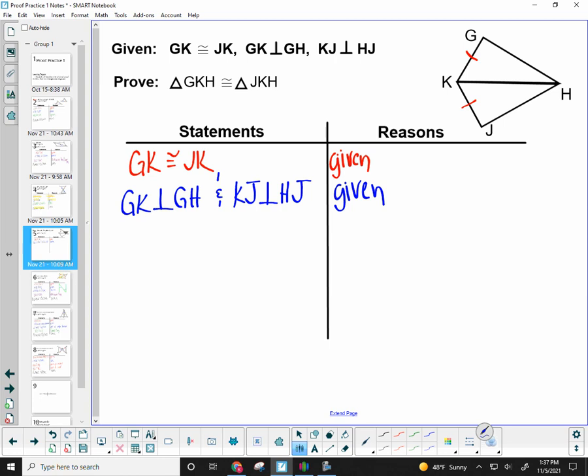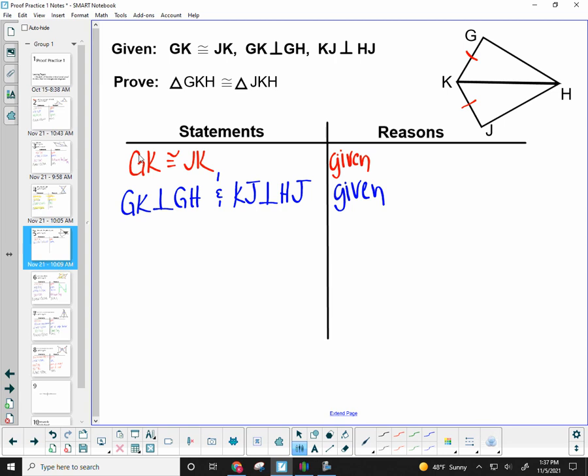Okay, so how did you know, let me back you up, how did you know they were 90 degrees? Okay, so you said the word because, right? If you're saying the word because, it needs to be a statement and a reason. That means you drew a conclusion.